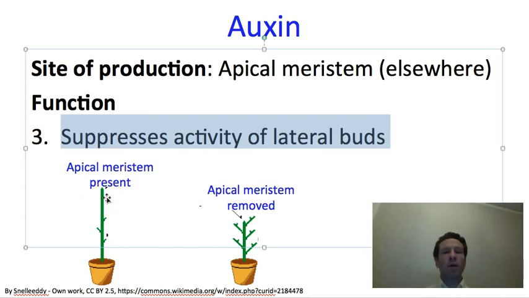Now let's think about what would happen if the apical meristem is removed. Let's say it gets pruned off or bitten off by an herbivore. If this happens, then auxin is no longer getting made in the apical meristem because it's gone. And so now there's not auxin being sent downwards through the stem. That means the lateral buds are no longer suppressed. And if they're not suppressed, they'll be able to elongate.